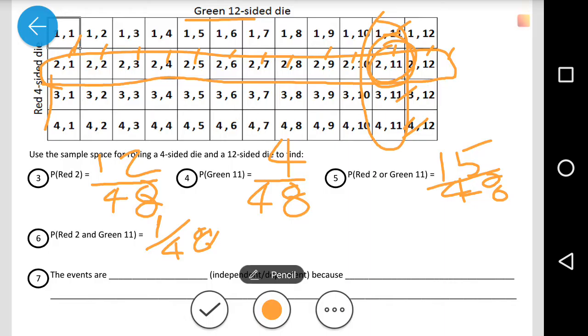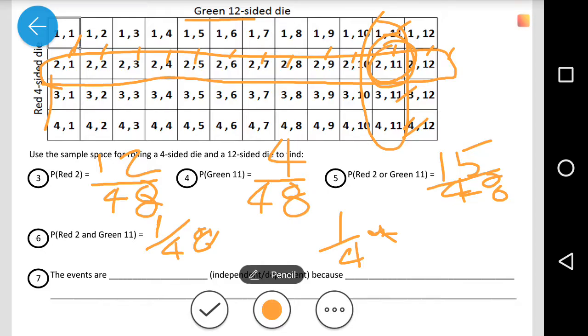The multiplication rule says the probability of red 2 and green 11 is equal to the probability of red 2, which I'm going to reduce to 1/4 instead of 12/48 because I know I'm going to have to multiply. I don't want to multiply a big number. I want to multiply a small number.